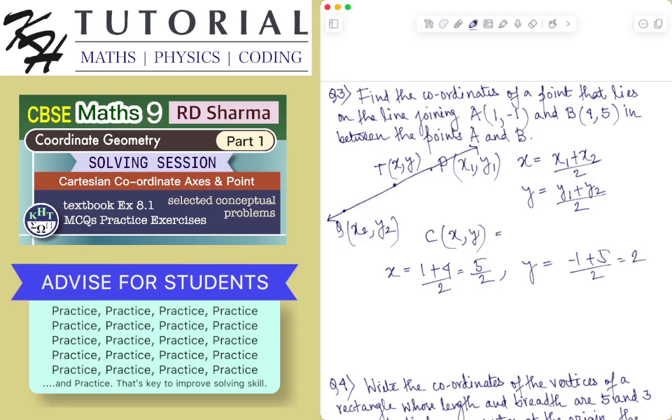So the point (5/2, 2) will be a point that lies between the two given points A and B, and that point will also lie on the line joining the points A and B.